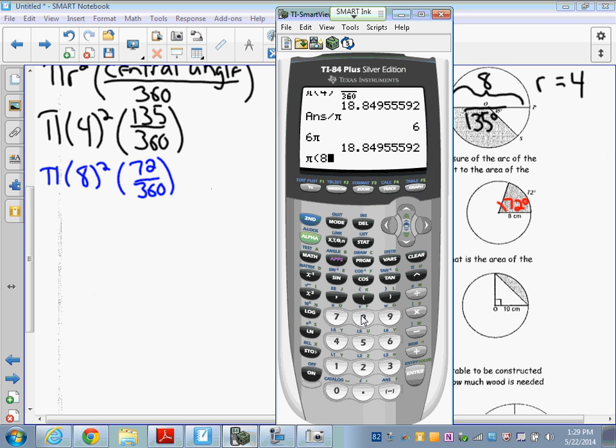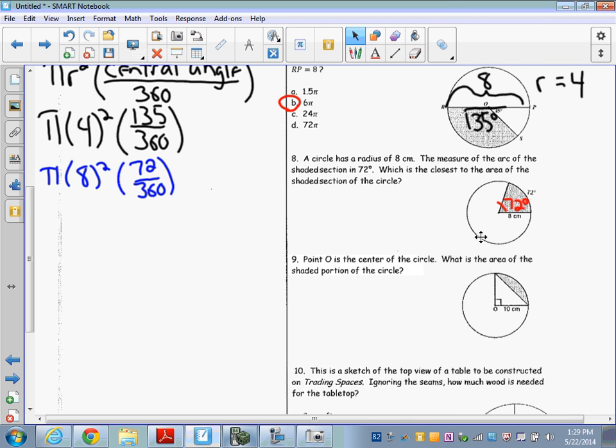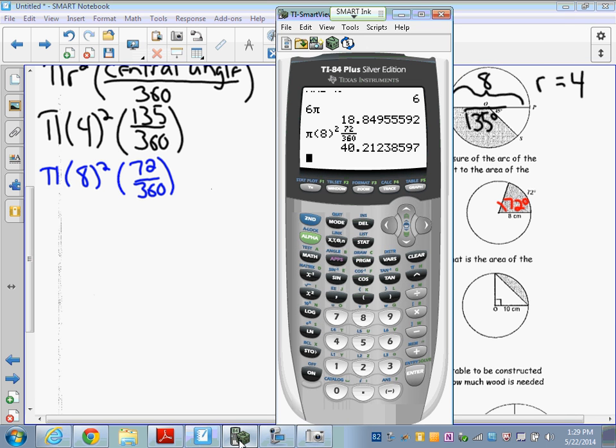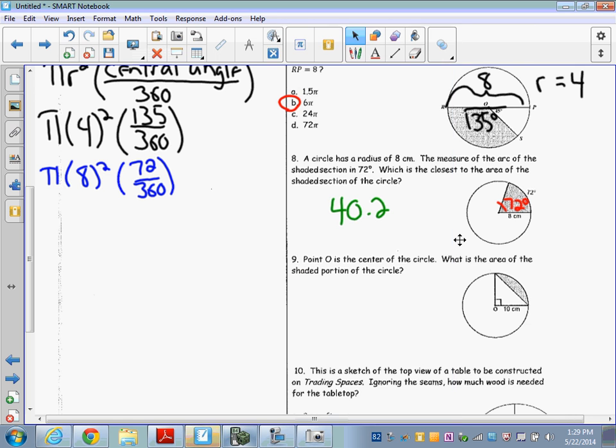So you get pi times 8 squared times 72 over 360. And I get about 40.2. If I need to figure out what it is in terms of pi, it would be 12.8 pi.